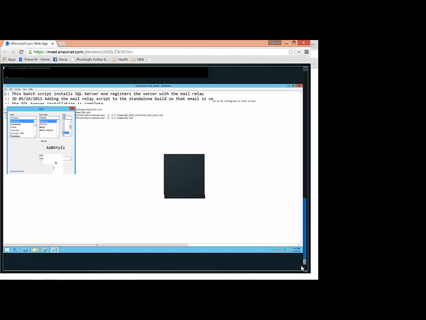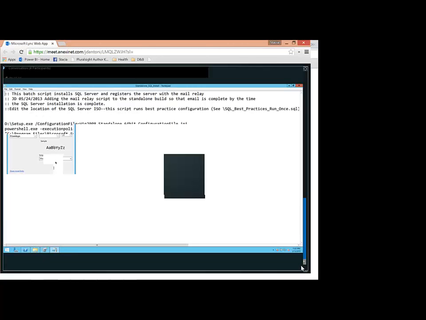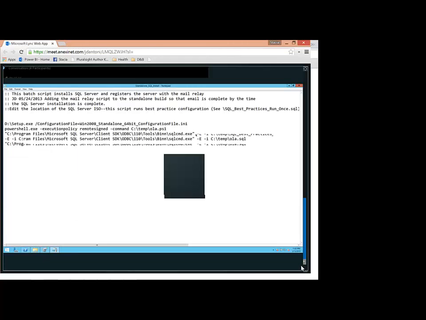In the past, you could just call SQLCMD because it would be in the path after you installed. Now it's no longer the case. So we're doing -E, which means that you're connecting to the local server, and then using a -i, which is an input file. So we're calling SQL best practices run once.sql. We'll walk through that in Management Studio in a second, in the script we generated in this ola.ps1 file.